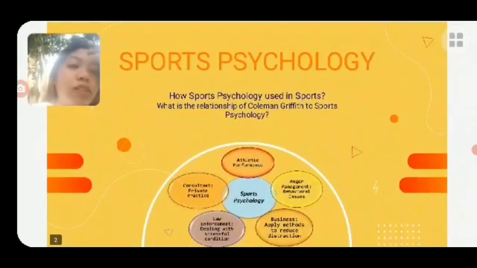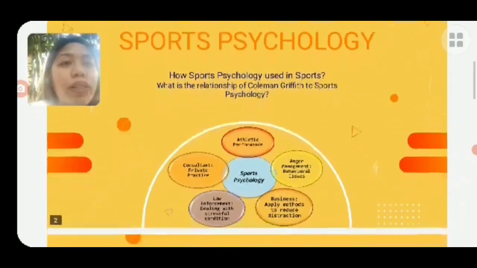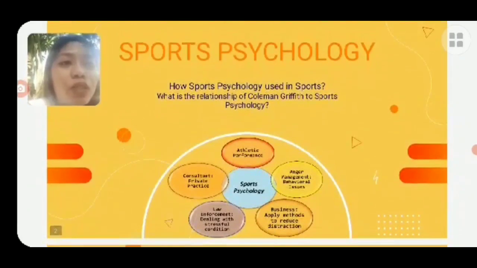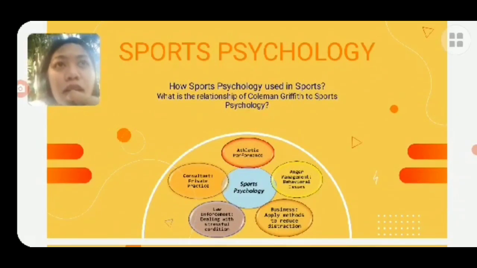So, sports psychology. How is sports psychology used in sports? What is the relationship of Coleman Griffith to sports psychology? So I've provided a concept map here on sports psychology.